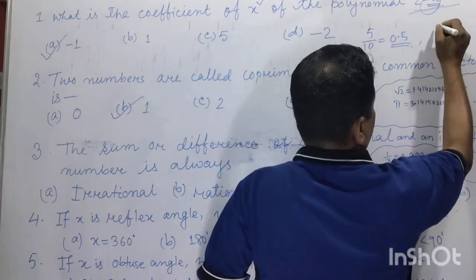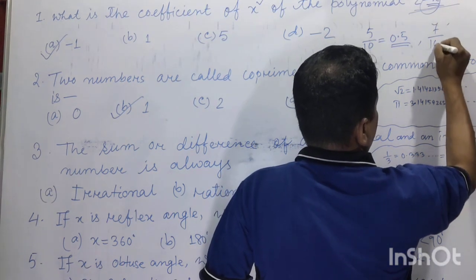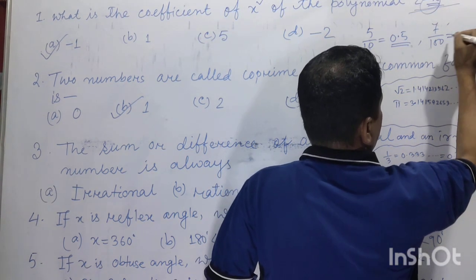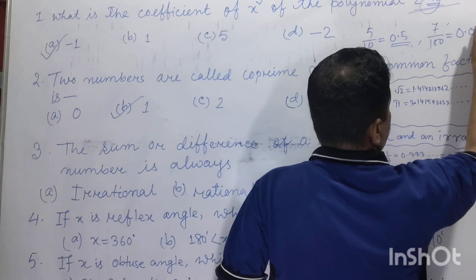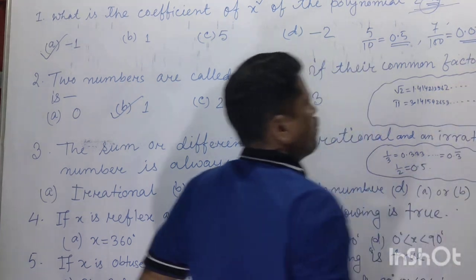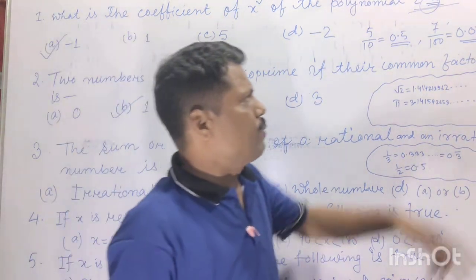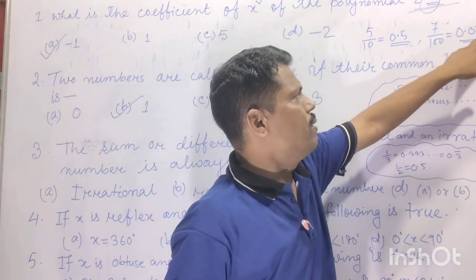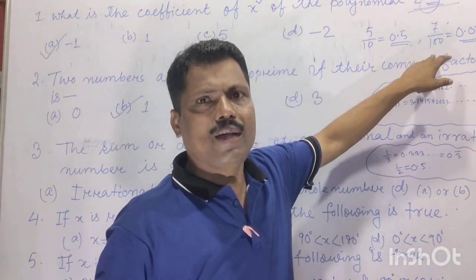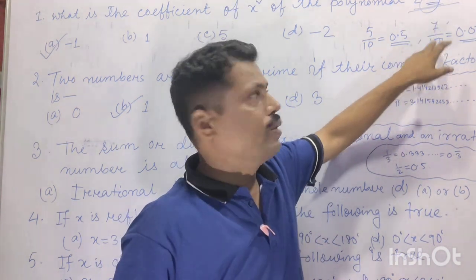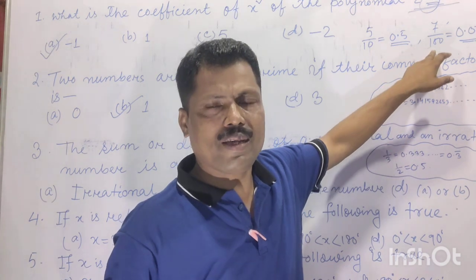If we write 7 by 100, that is 0.07. The decimal expansion terminates at 0.07, which is 7 by 100, p by q form, where p is 7 and q is 100.